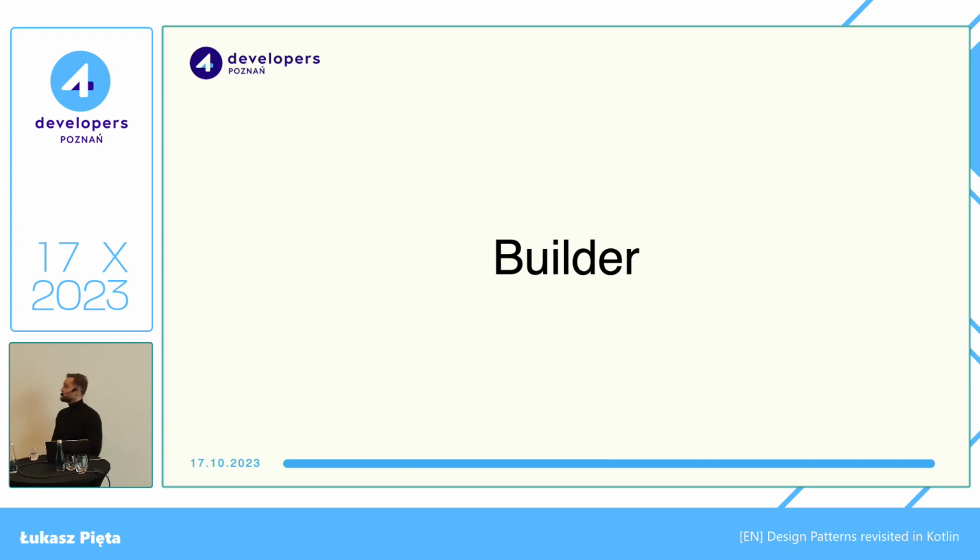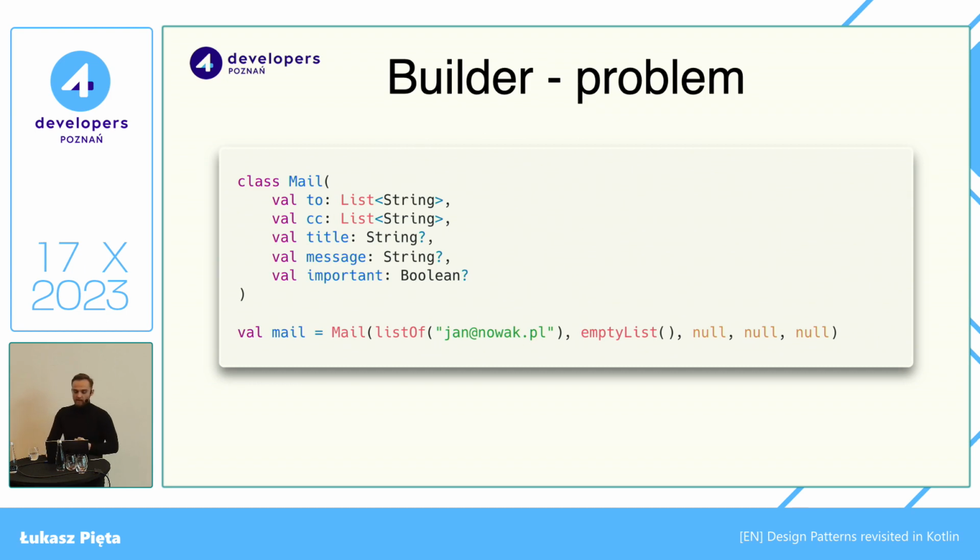Builder. So builder in Java is probably one of the most used design patterns, and it solves an actual problem. The problem is that we have some class, we have some parameters, some fields of this class, and not all of them are required. So we want instances of that class to be created in different configurations.